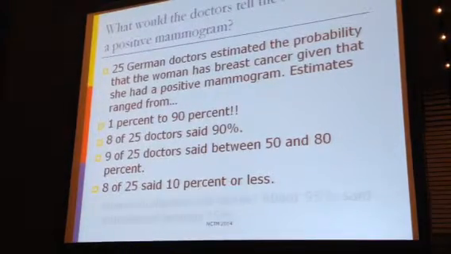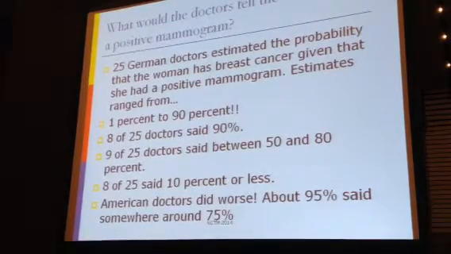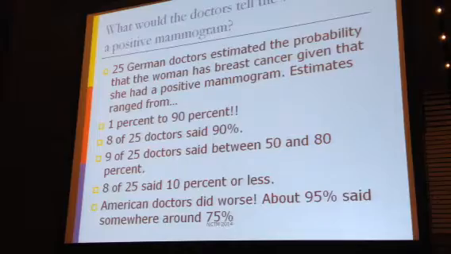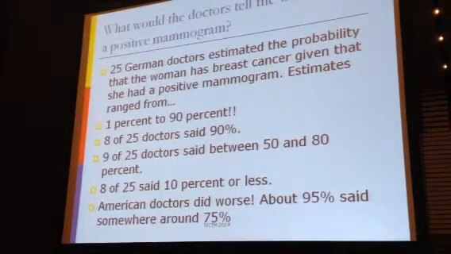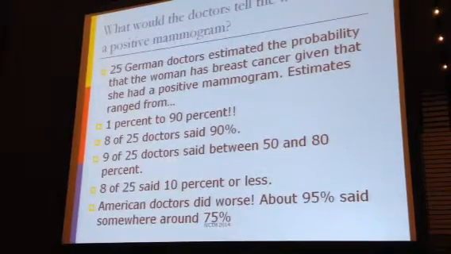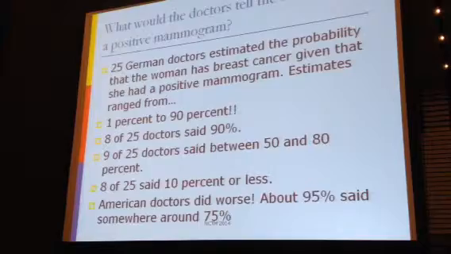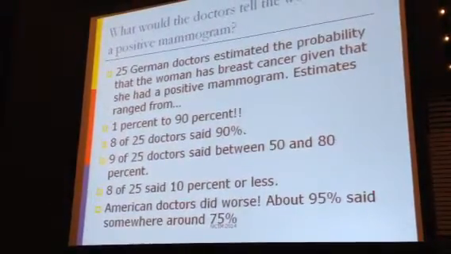But they actually did worse in that 95% of them said, oh, there's some false positives, so I know it's less than 90%, but 95% of them said somewhere around 75%. So we didn't have anybody saying 90, but when the real answer is 10% or less, this is problematic.